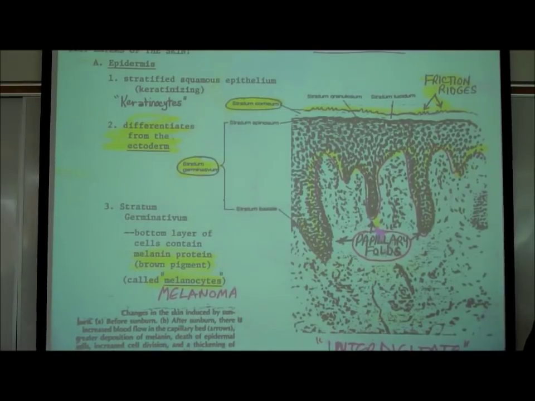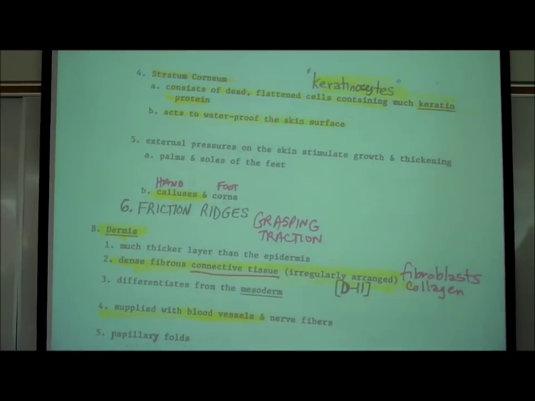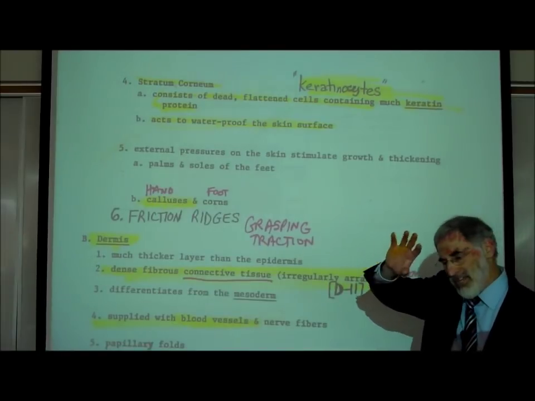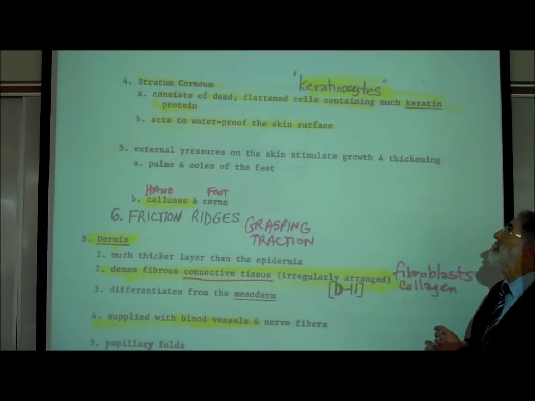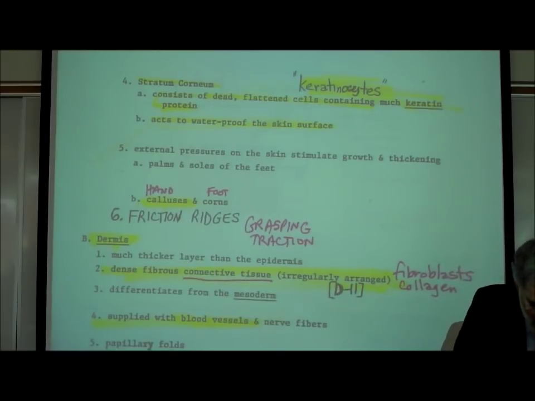Now, on page F3, at the top, the other layer we said we wanted you to know is the top layer called the stratum corneum. That's the name for the top layer where the dead cells are, the keratinocytes. And they're called keratinocytes because these dead cells contain a lot of a protein called keratin.